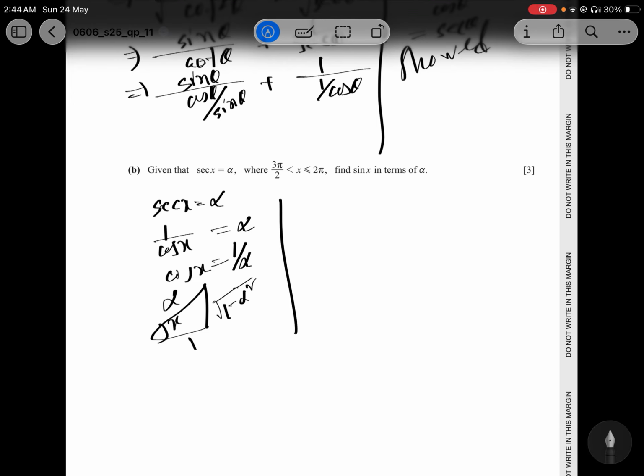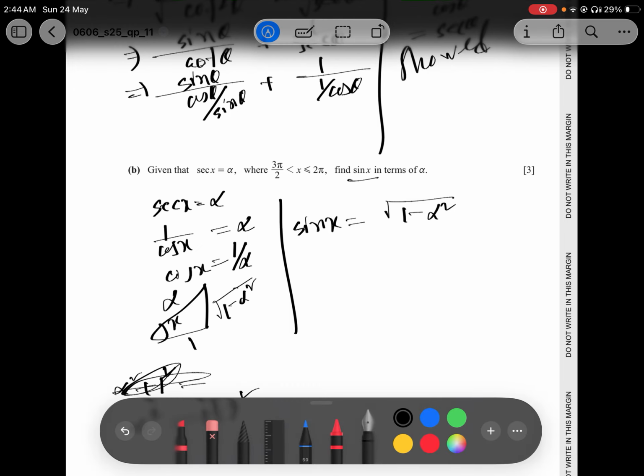Now here is the thing, we have to find out the value of sin x. Sin x should be root over 1 minus, wait a minute, alpha square plus 1 square. Alpha square is equal to 1 plus y square. So yeah, it should be flipped.